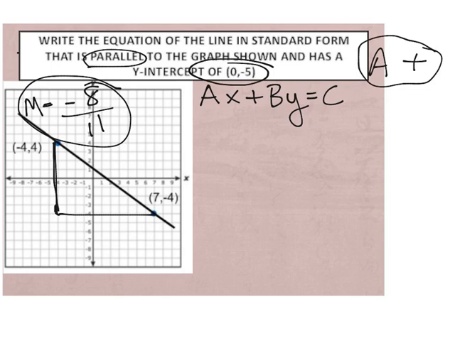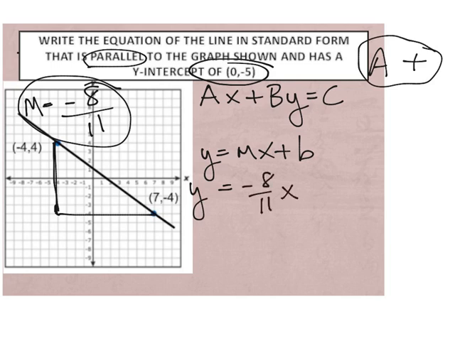We know that we have this y-intercept of negative 5. Okay, I could do point slope form, but since I already know it's a y-intercept of negative 5, well, I'll just do it in y equals mx plus b first, and then we'll move some stuff around. So again, it's y equals negative 8 over 11x, and they tell us it's minus 5.